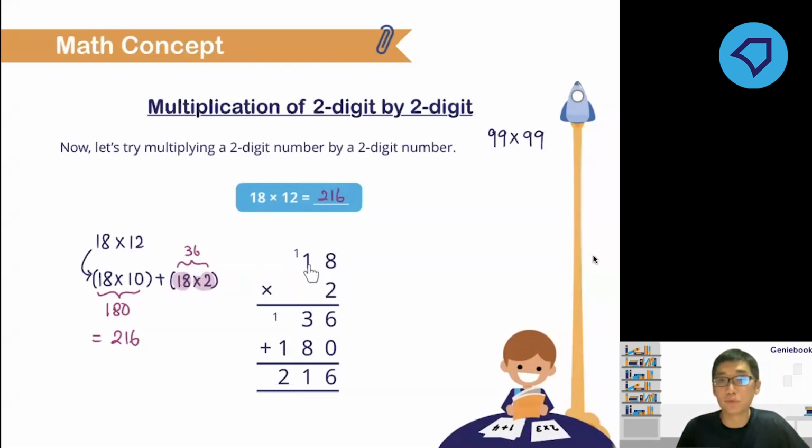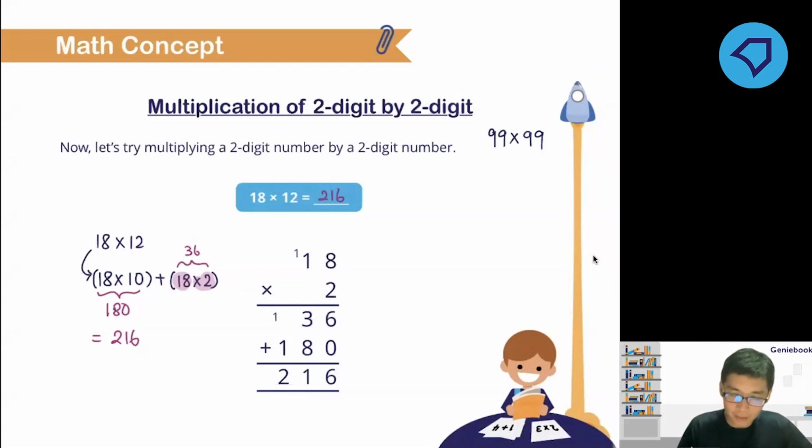This will give me 36. Is that okay for everyone? I know this is very complicated, right? I want you all to understand why we do this particular step. Firstly, 18 multiplied by 2 gives me 36.